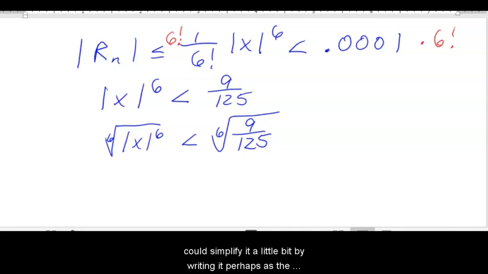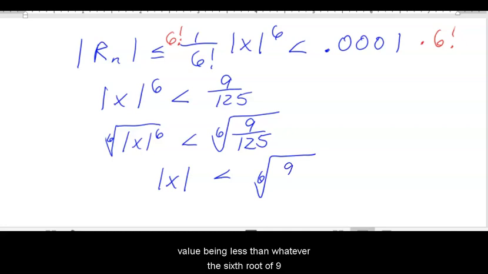You could simplify it a little bit by writing it perhaps as the square root of the cube root or the cube root of the square root, but I think it's fine to leave it like this. Basically, we're now left with a bound on the absolute value of x being less than whatever the sixth root of 9 divided by 125 is.